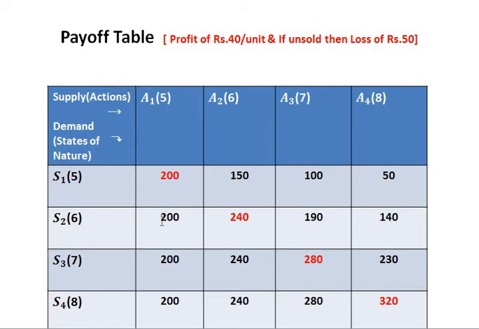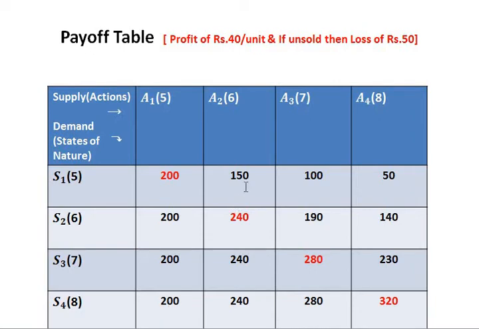No. Why? Because even if one extra customer comes, he will just go away because all units are sold out. So his profit will be 200. Again, when 7 customers come, one more extra, then also, because he has done the action A1, his profit will remain the same, 200, and here also 200.